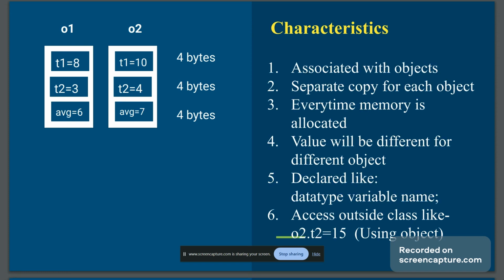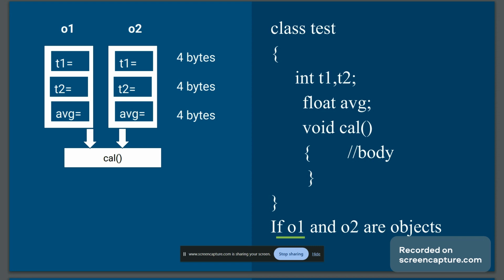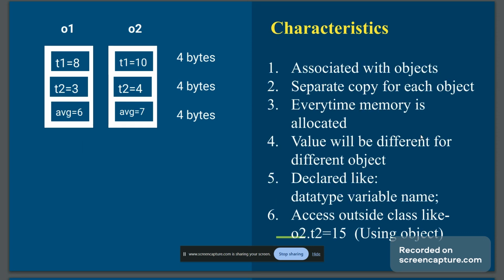Now, what are the characteristics of an instance variable? If you observe, T1, T2, and average are instance variables. So whenever we create an object of the class, every time memory will be allocated to the instance variables. A separate copy for each object will be created.